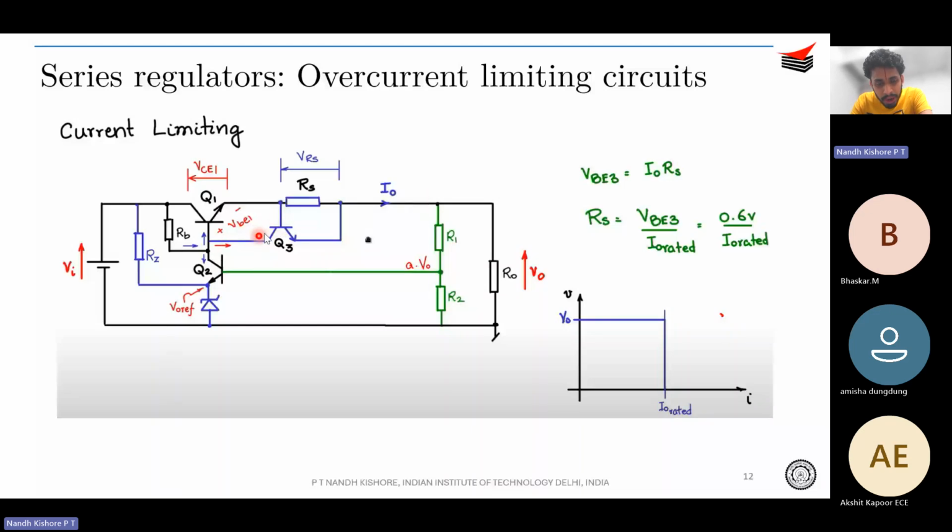So you want this part to start conducting for current protection, right? So under normal operation, this BJT should not conduct. So you design your RS based on this criteria. That is, VBE is equal to I naught into RS. This is the maximum at the rated load condition. So the I naught rated, VBE is 0.6 volt. You design your RS so that this will start conducting beyond that point.